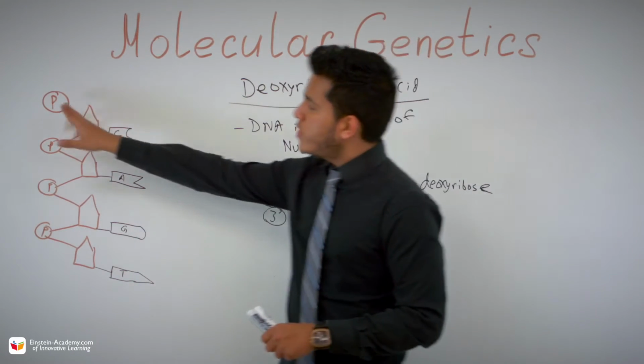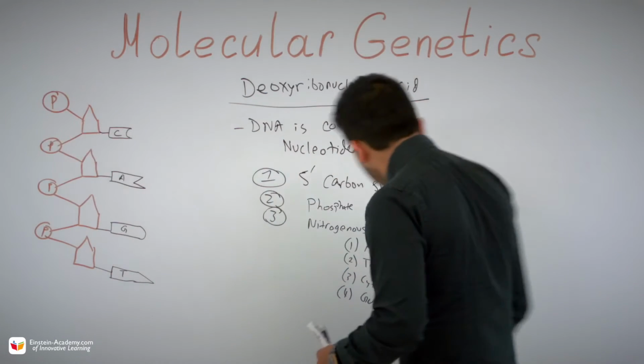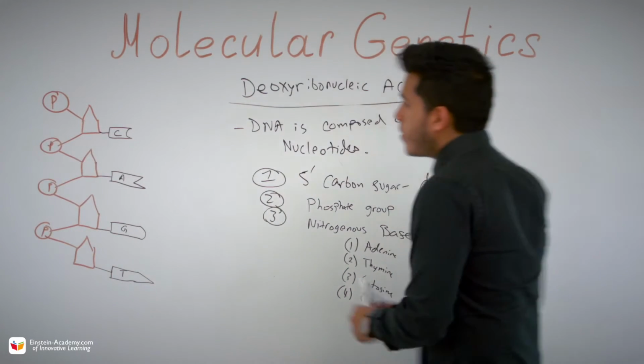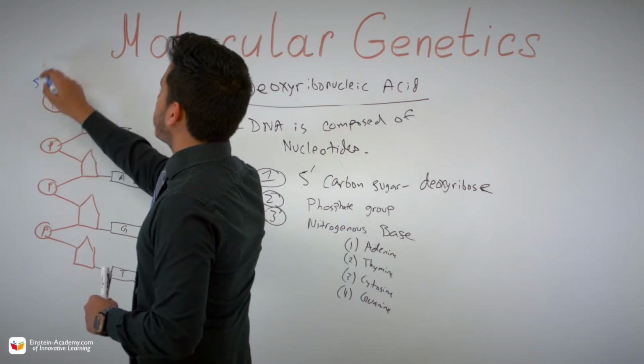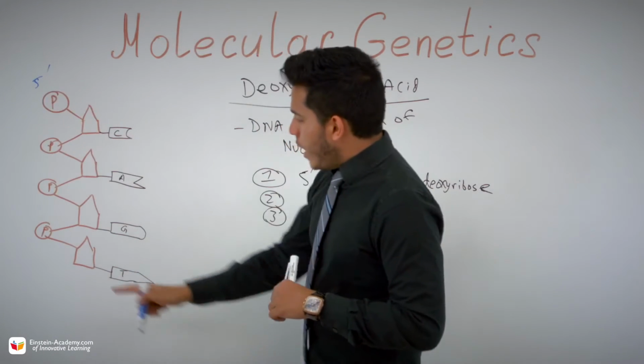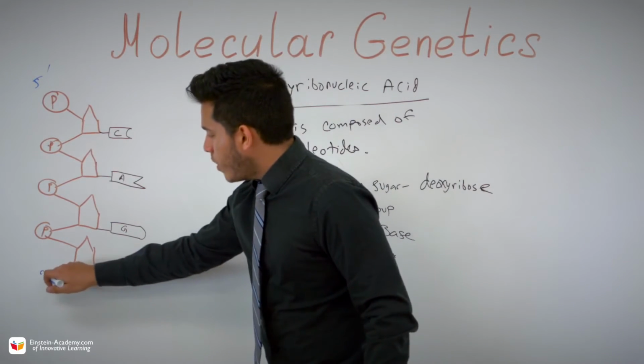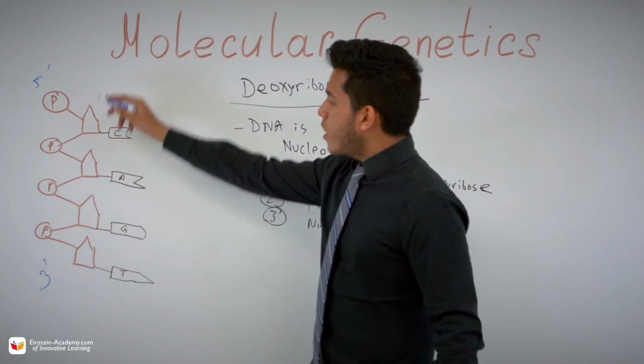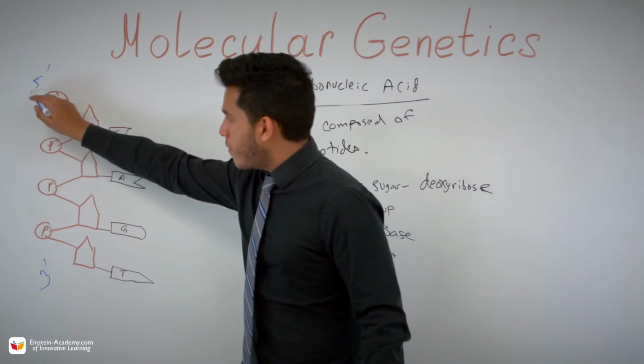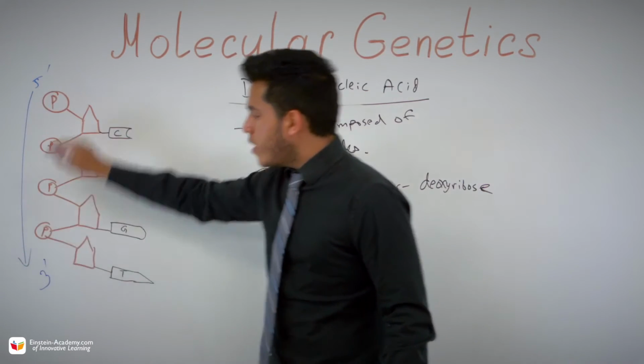You see where this phosphate group right here is? I'm going to label this phosphate group 5'. We're going to call this the 5' region. And you see this 5-carbon sugar right here? This sugar we're going to call the 3' end. So this DNA strand is running from the 5' to 3' direction.